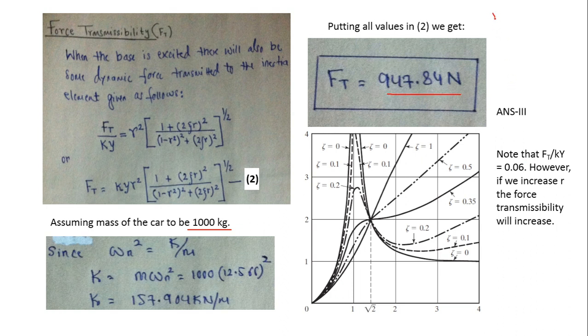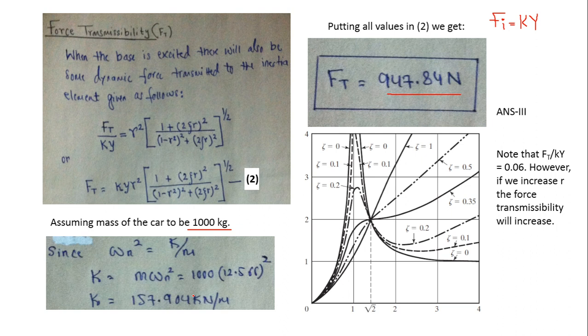Okay, so the force that is being input to the base is actually equal to the stiffness of the system multiplied by the amplitude of vibration of the base, kY. Okay, and if you multiply 0.1 by 157.904, you will obtain the force that is being generated because of the motion of the base, but all that force is not being transmitted.